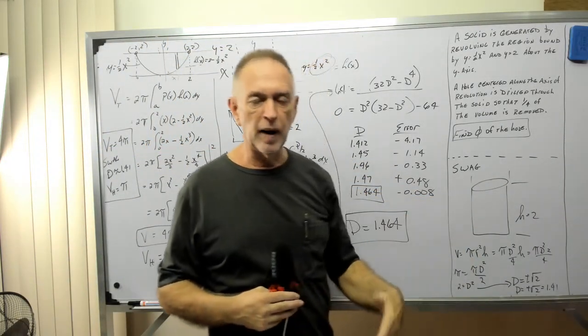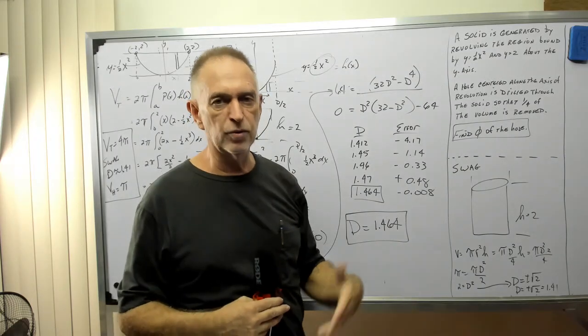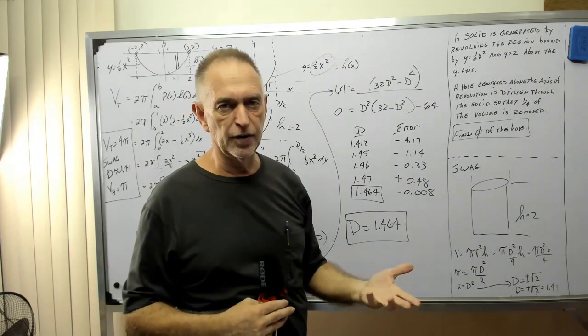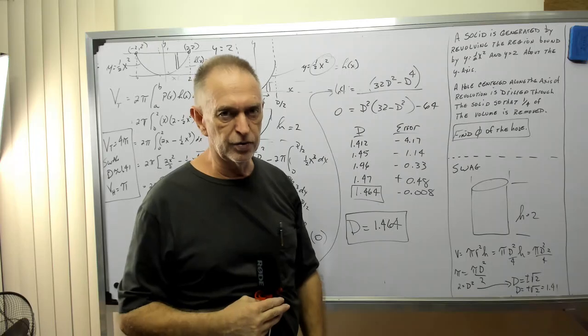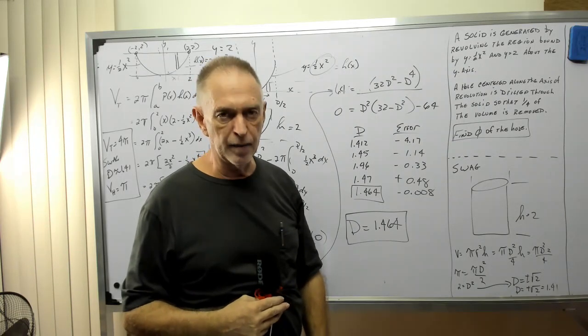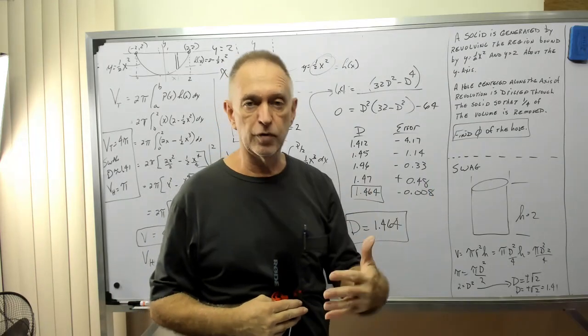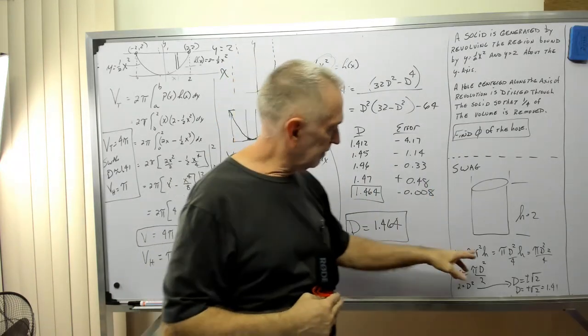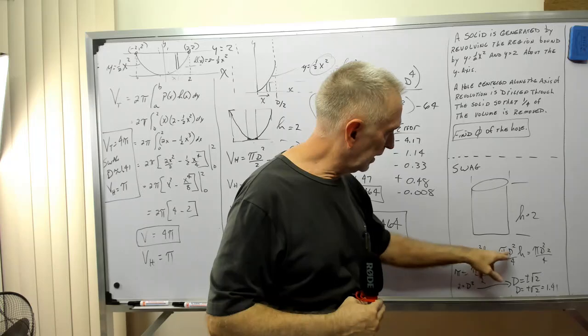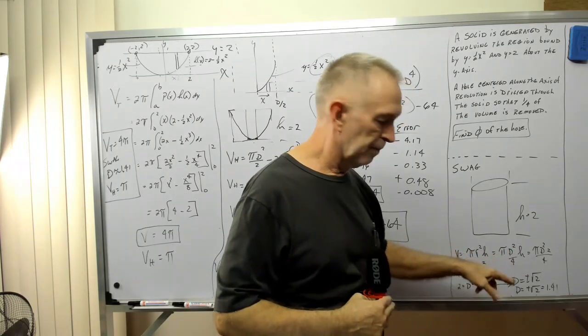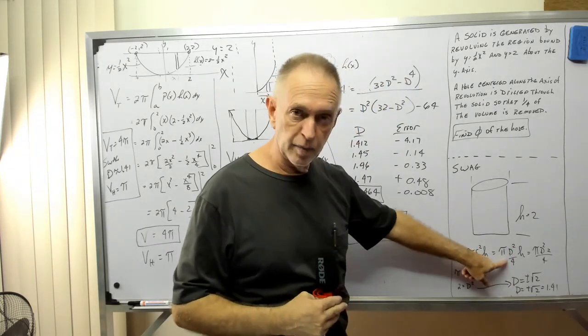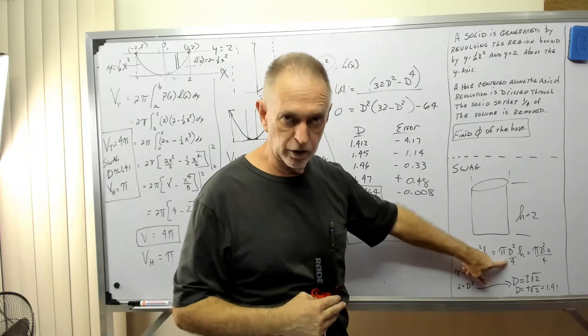Now you've learned pi r squared h equals the volume of a cylinder. I would encourage you to learn that in terms of diameter. So r equals d over 2, correct? If I have d over 2 squared, I end up with d squared over 4. That makes more sense from an engineering perspective than pi r squared.